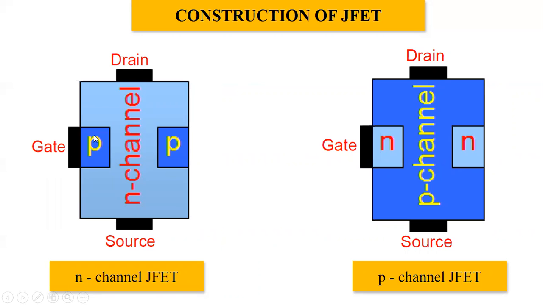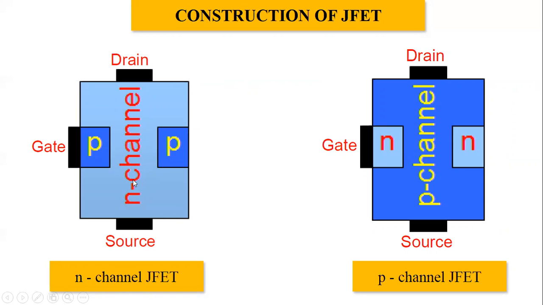Okay. So between these drain and source terminals, which are metals, we get a complete N type of semiconductor. And this N type of semiconductor is going to be carrying current through it, and that current is going to be controlled with the help of the P type of gate.